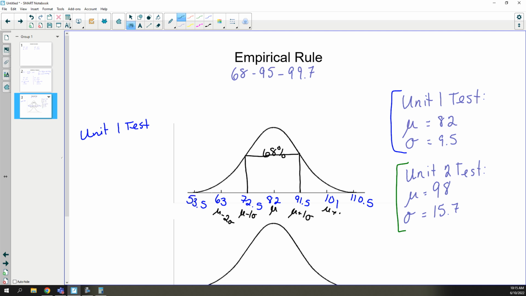From -2, that's 63, up to +2 is 101. That's 95% of the class. So basically at this point, almost the entire class is between a 63 and a 101. And last but not least, between -3 and +3 standard deviations, that would be your 99.7% of the class.